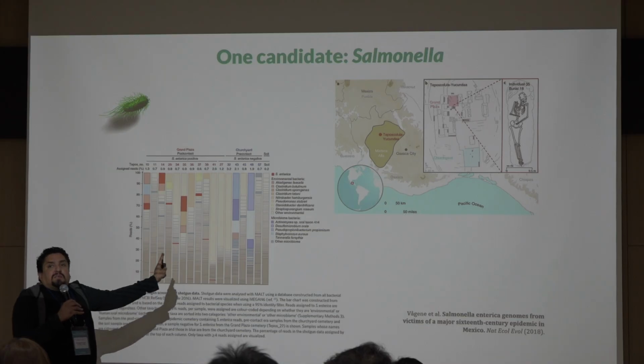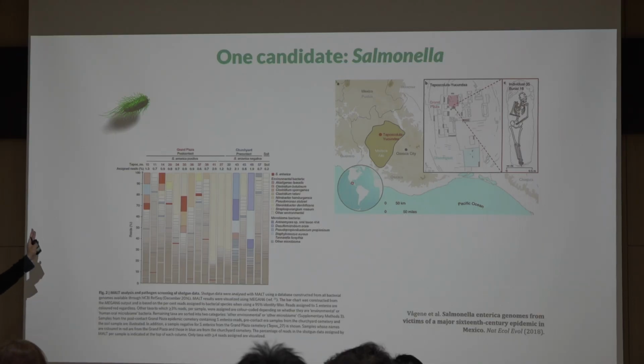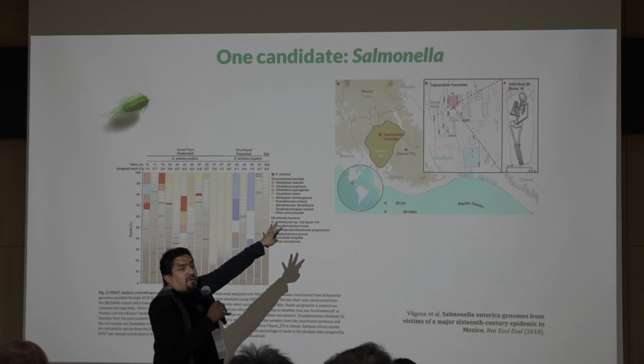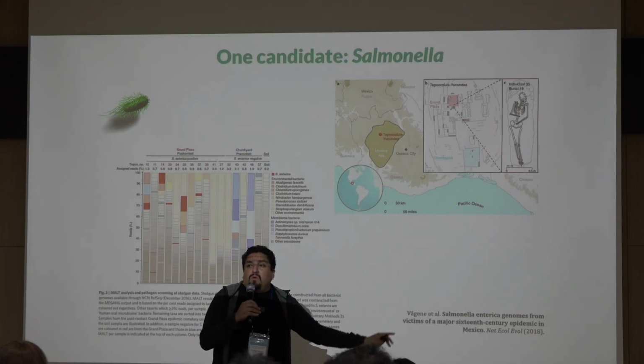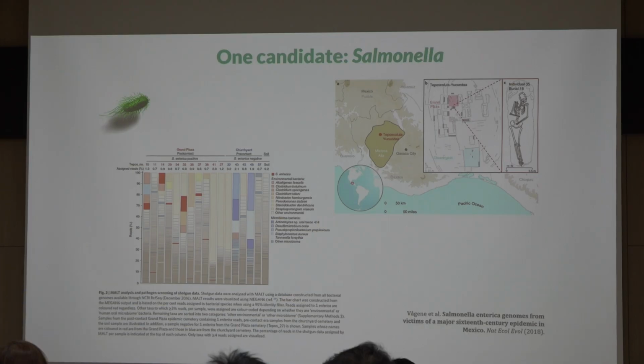In a very elegant study, some of my collaborators at the Institute analyzed pre-contact and post-contact individuals from the same place in southern Mexico called Tepozcolula, to see if they would find any pathogen that would point to these cocoliztli events.